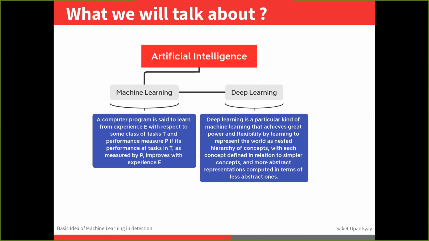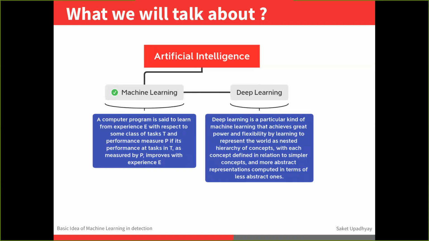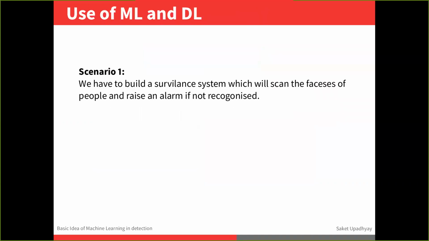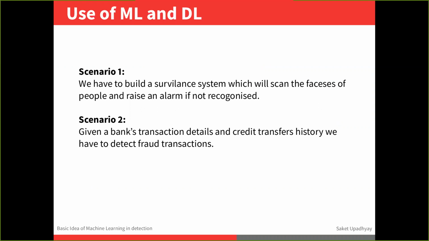So in this talk, we will talk about machine learning specifically and how we can use that to identify and detect malware. So let's see, we have two scenarios. First of all, we have to build a surveillance system which will scan the faces of people and raise an alarm if they are not recognized from the database.